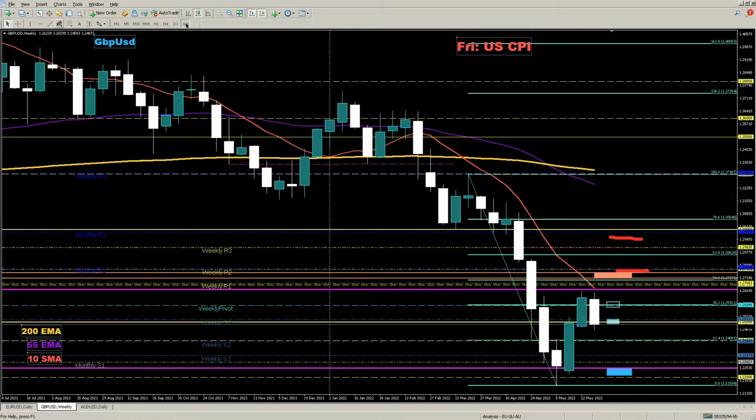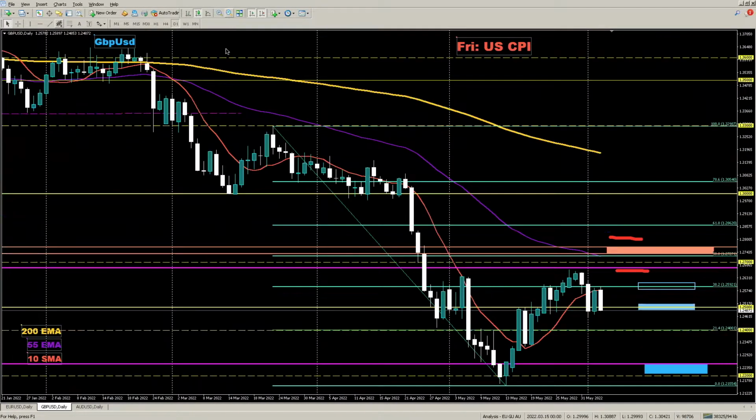Let's go back to the weekly and the daily. So this is still going to be the key resistance area. And now this 124 is going to be support for next week.